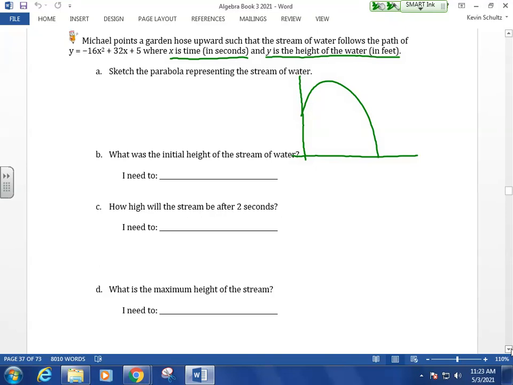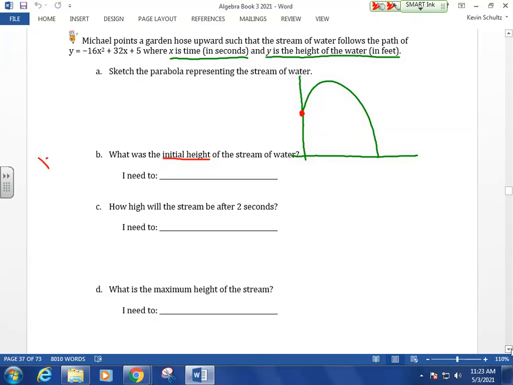Letter B, what was the initial height of the stream of water? By initial height, we're talking about where it starts. So I'm interested in what's the height of the water at that point. Now, how much time has passed when the water first starts coming out? 0.